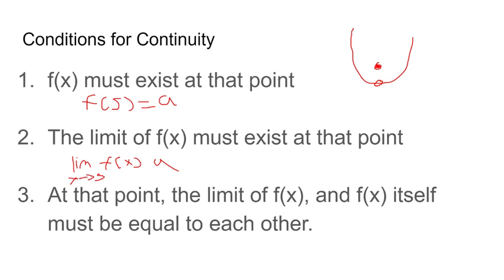And for those wondering, continuity just means it's a straight line. There are no gaps, no holes, whatever. So those are the 3 conditions for continuity: the limit as x approaches, let's just say 5, and f of 5 are equal to one another.